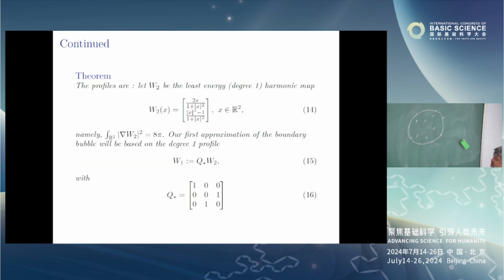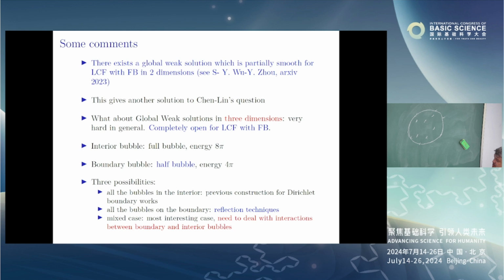Well, let me skip that. The point is that you choose a priori in the construction where you want your blow-up points. If you want them inside, it's the construction of Lai, Lin, Wang, Wei and Zhou. If you take them only on the boundary, this is much more related to the construction and the statement for the harmonic map heat flow that I was mentioning.